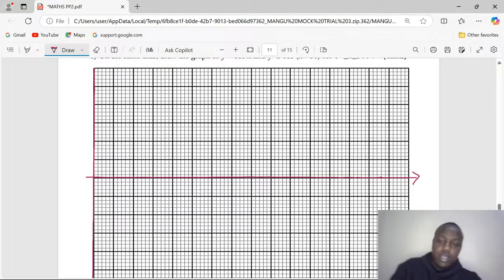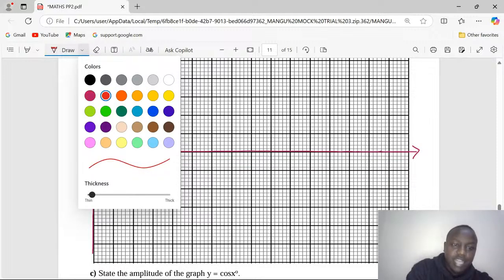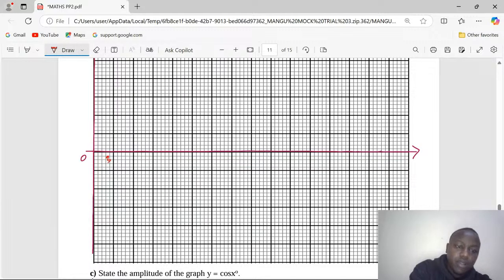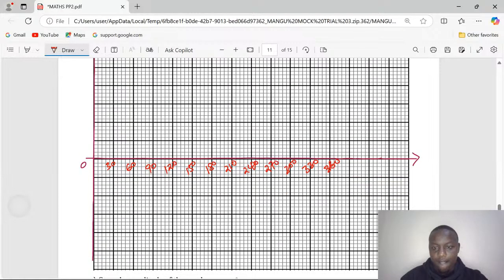So we begin with 0, then intervals of 30 will flow: 30, 60, 90, 120, 150, 180, 210, 240, 270, 300, 330, 360. So that is the scale for the x-axis.